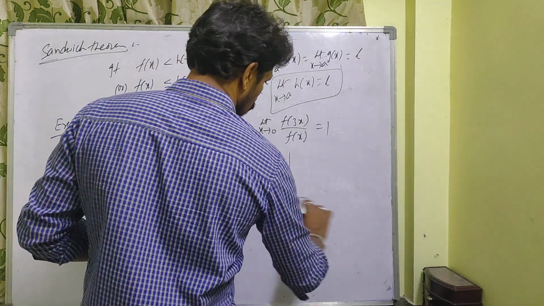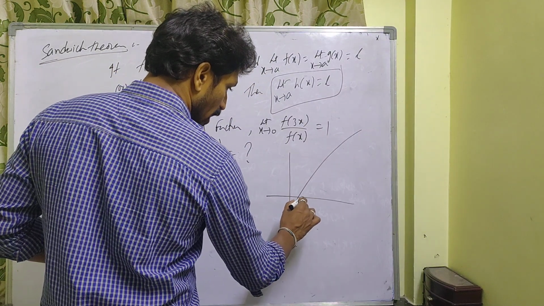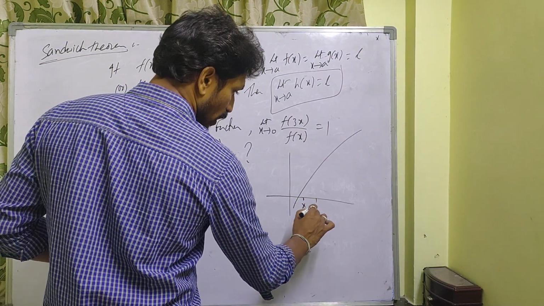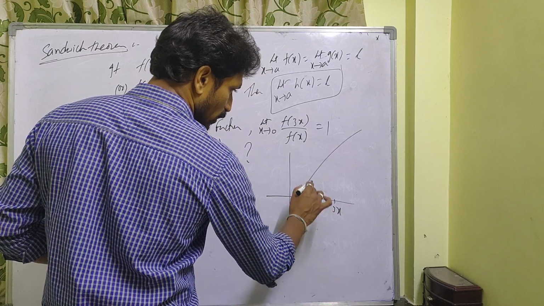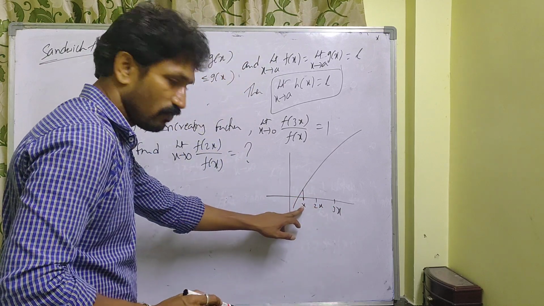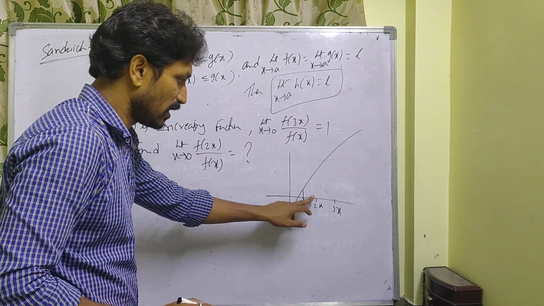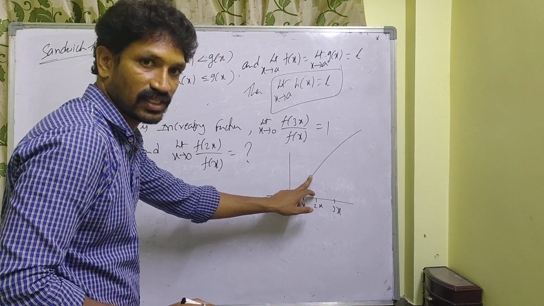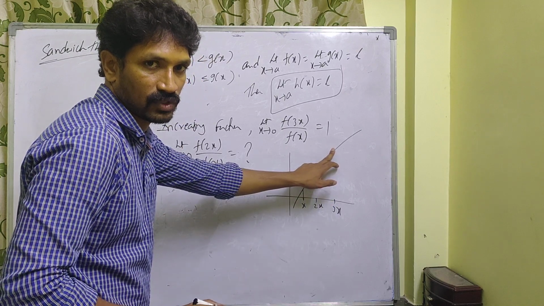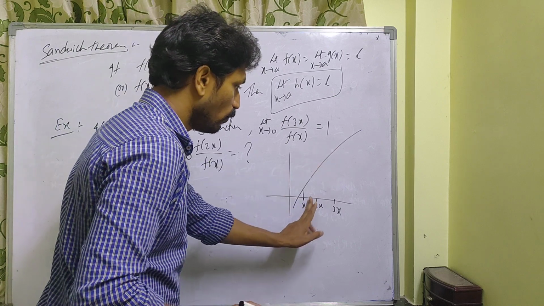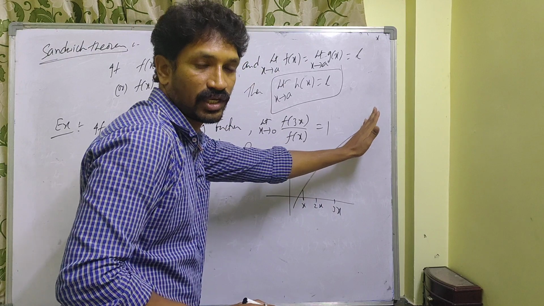That means the function may be like this. Suppose x is here, 2x will be here, 3x will be here. When x is here, f of x is here; at 2x, f of 2x is here; at 3x, f of 3x is here. Okay, understand? So when x is increasing, the function is also increasing.